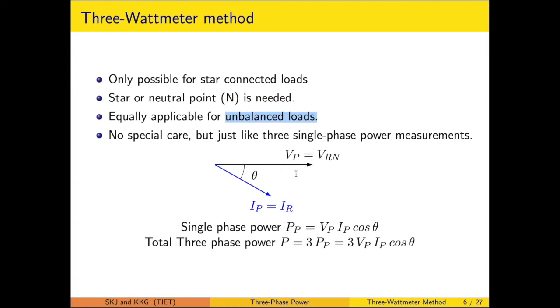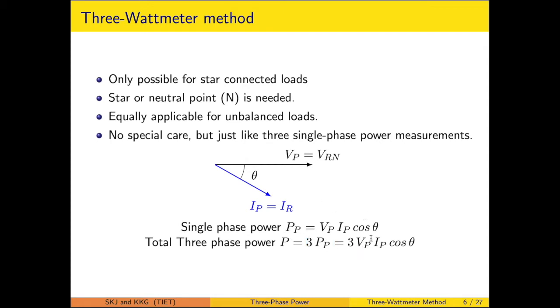Likewise, let's say corresponding to the R phase, we will be having a voltage, we will be having a current. So corresponding single phase power will be Vp into Ip into cosine of theta, and when we extend it for the 3 phases, it will come out to be 3 multiplied by Vp Ip cosine of theta.